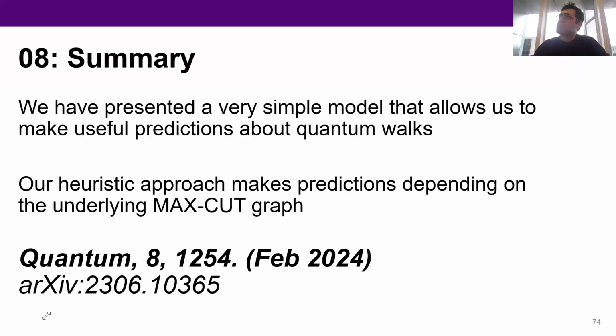There are two things that can cause this. Sometimes they just don't look particularly like a Gibbs state, which means we're off when we try to optimize them, but that doesn't necessarily mean they're hard for quantum walks.